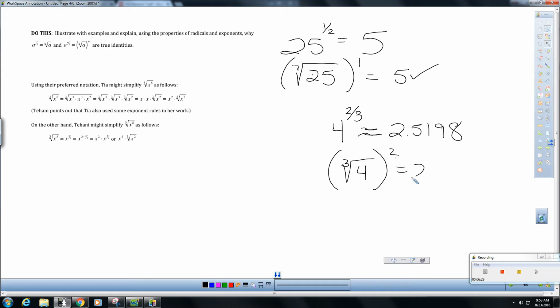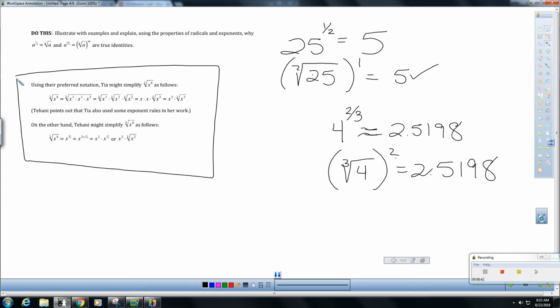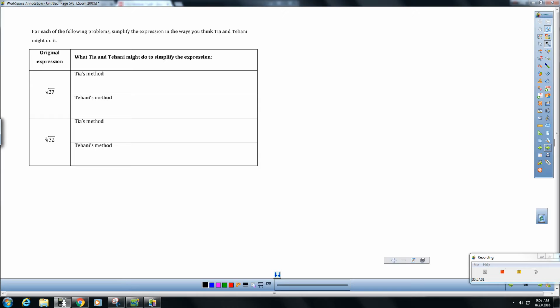So we have confirmed it. I don't love this right here, so don't worry about it too much. But basically, they're saying that Tia prefers to use radicals, Tahani prefers to use exponents. Don't even worry about that. We just want you to know there are two methods to do this.